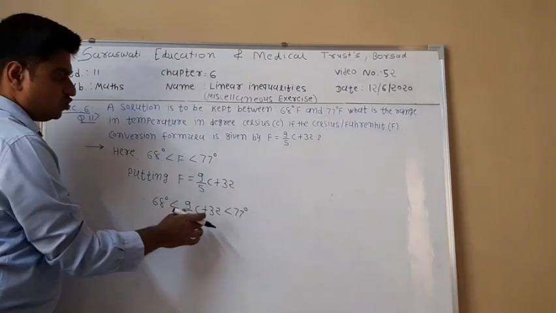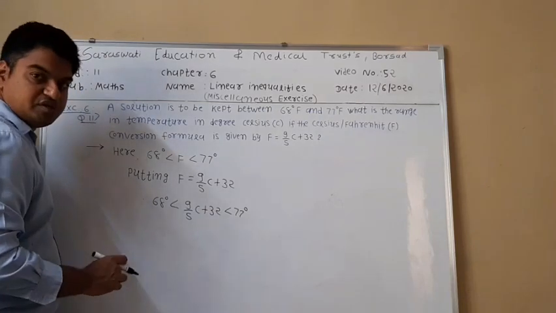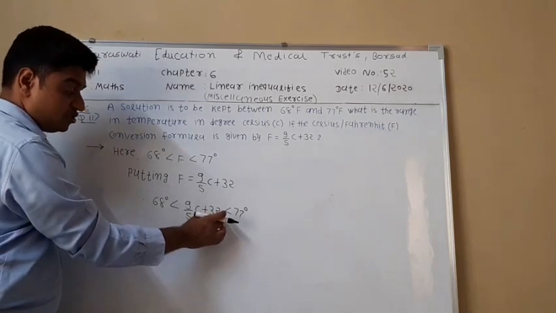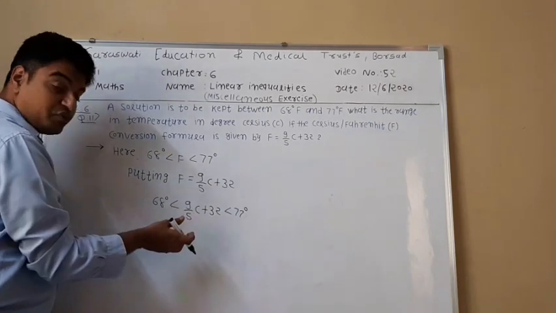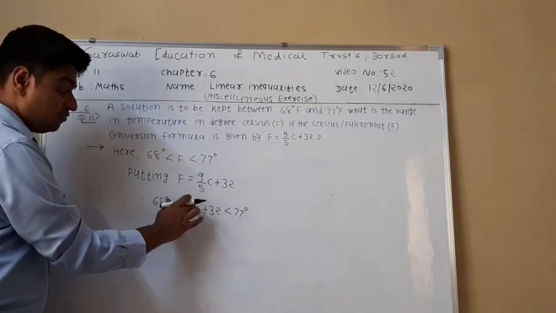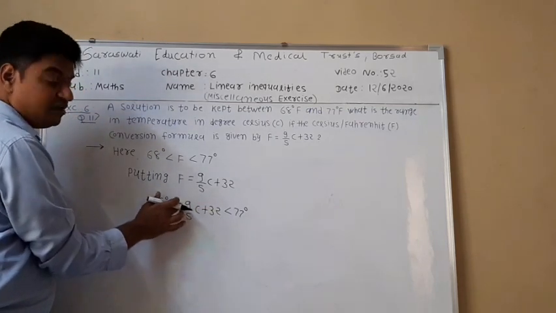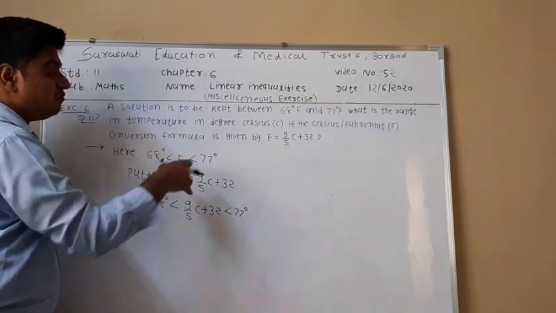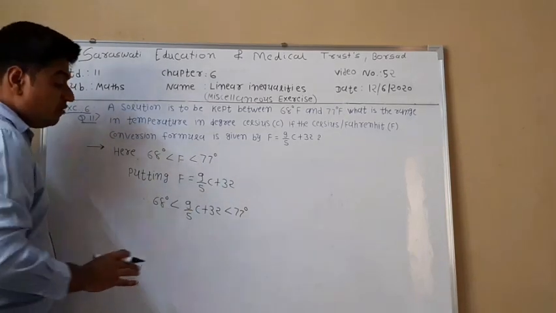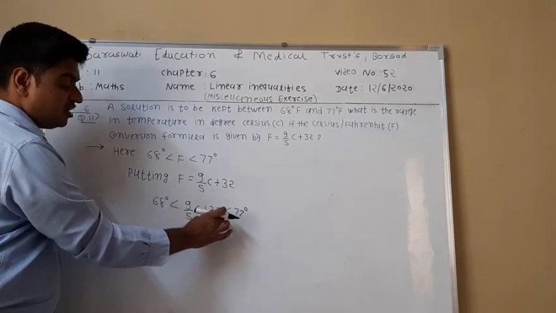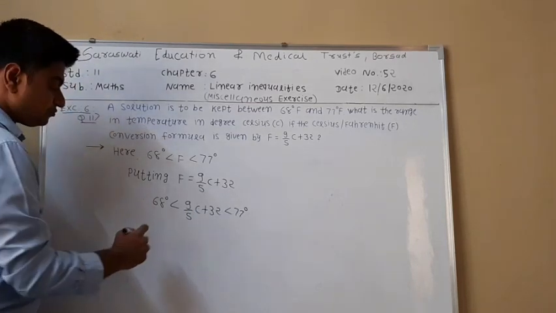Now first of all plus 32 is present, so remove this plus 32. In the last question 9/5 was in brackets, so we first multiplied by 5/9, or we can do it this way, but here we first remove this constant term.